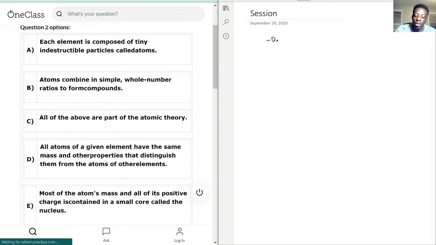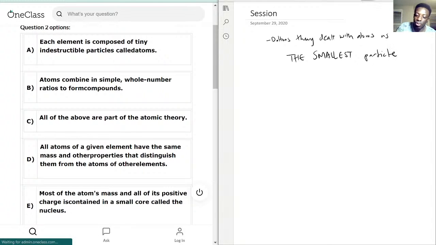Dalton's theory dealt with atoms as the smallest particle.